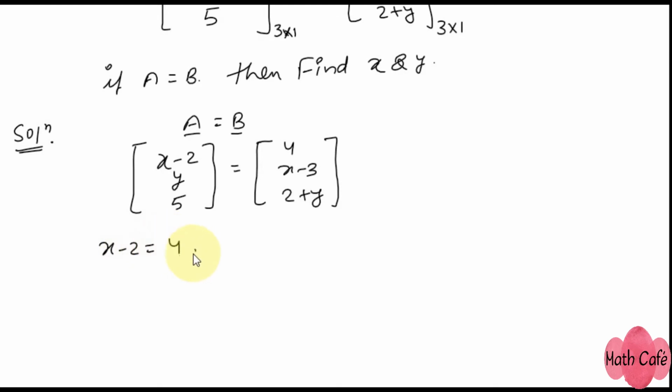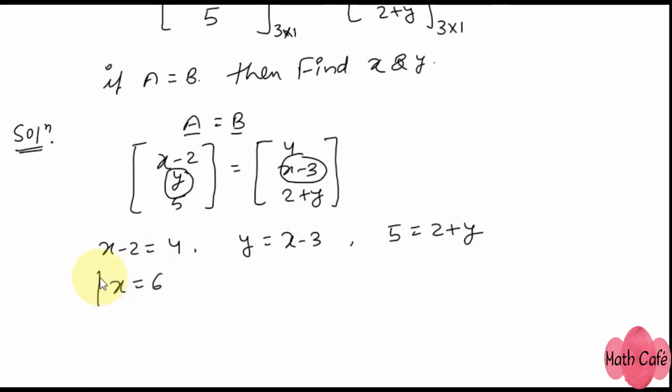So we will get here 3 equations. First equation is x minus 2 should be equal to 4, all the corresponding elements should be same, and second equation will be y is equal to x minus 3, and third equation we will get 5 equals to 2 plus y. So from the first equation we will get value of x, that is 6, and from the last equation we will get value of y, that is 3, and the value of x and y will satisfy the second equation also.